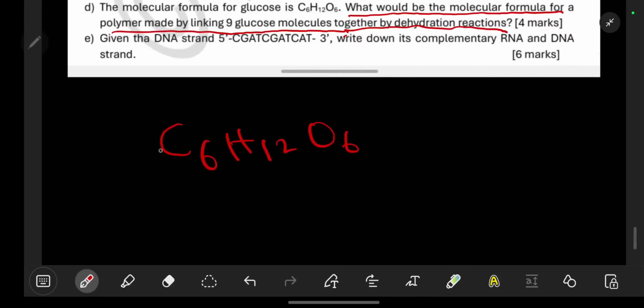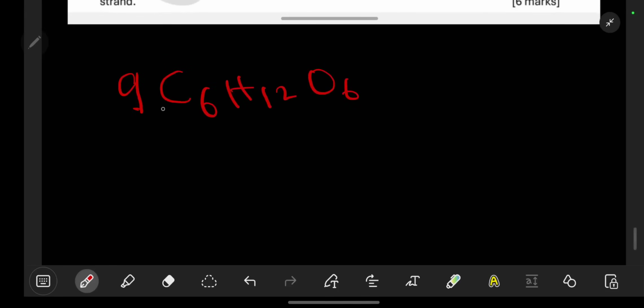So if we have 9 of them, we are going to put a 9 there. Then we are going to multiply 9 times 6. 9 times 6 will give us 54. 12 times 9 will give us 108. Then we have our 6 times 9, it will give us 54, like that.